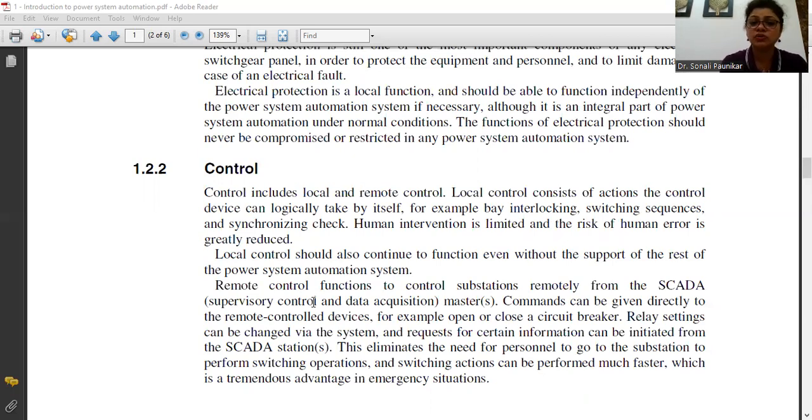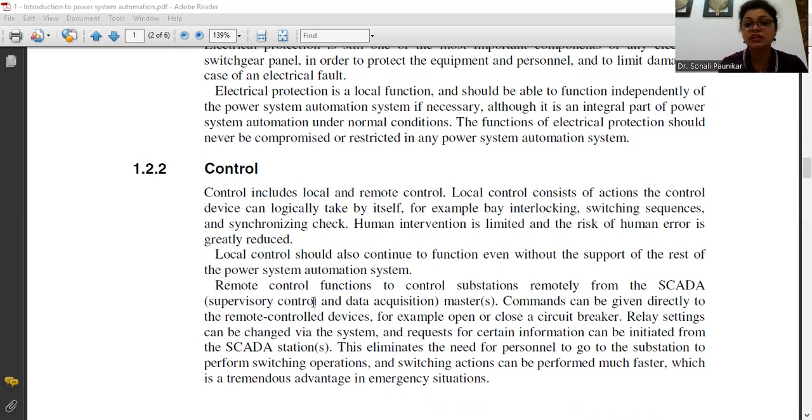And remote control means, for example, if a fault occurs in another place, we have to control that fault by using some elements like SCADA, or there are certain systems that let us control it from one room.